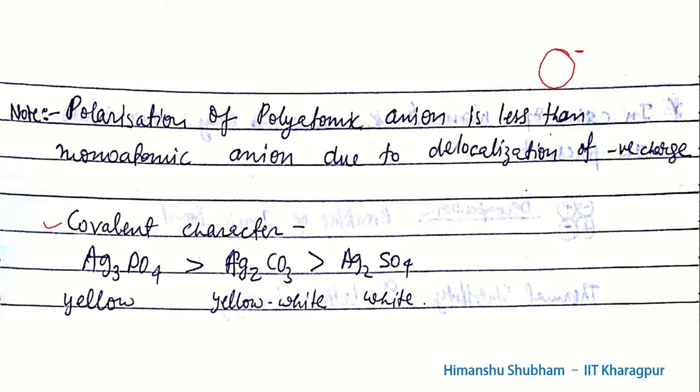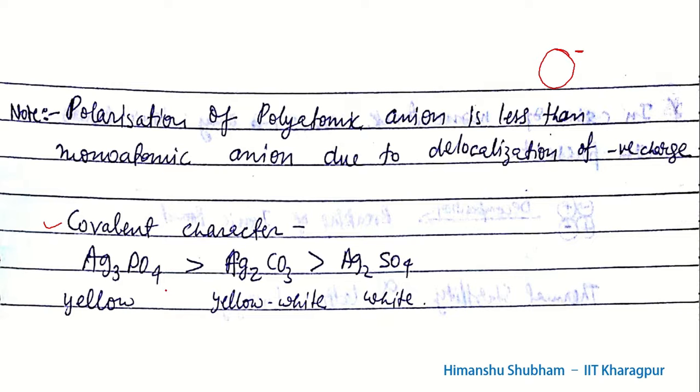Now we have another comparison here. Obviously we have learned that the polarizability of PO4 3- is maximum, followed by CO3 2-, followed by SO4 2-. So the covalent character would also follow a similar order, because covalent character is directly proportional to polarizability, and the intensity of the color would also follow a similar order to that of covalent character and polarizability.